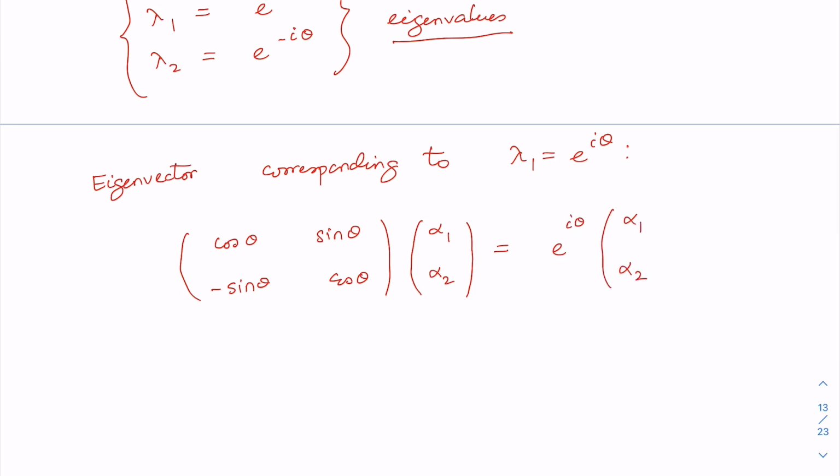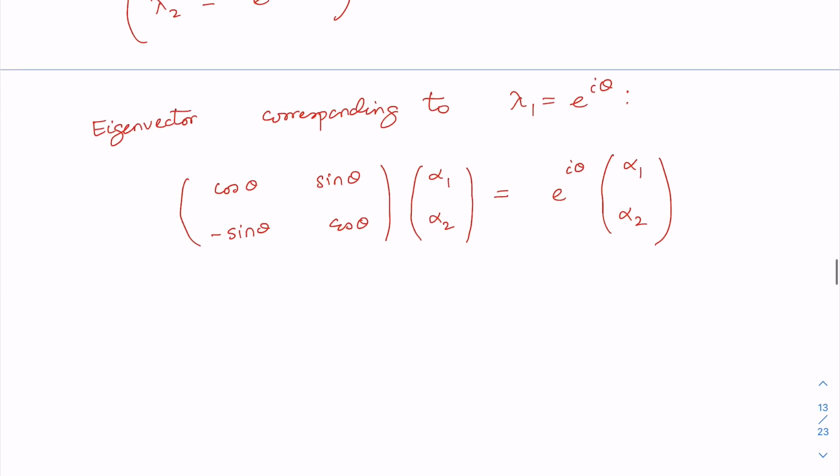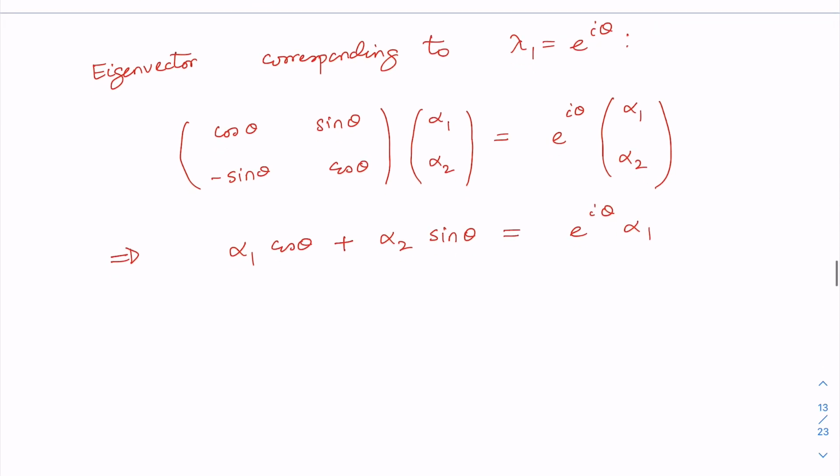So I get alpha 1 cos theta plus alpha 2 sine theta equal to e to the power i theta alpha 1. Only one equation is sufficient to solve this problem. That is alpha 1 cos theta plus i alpha 1 sine theta.